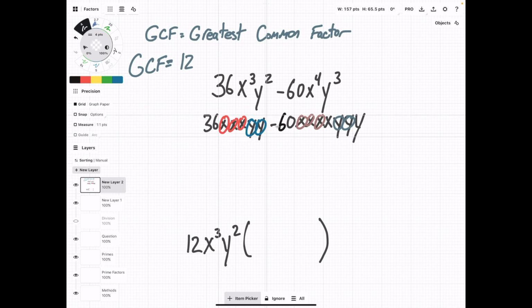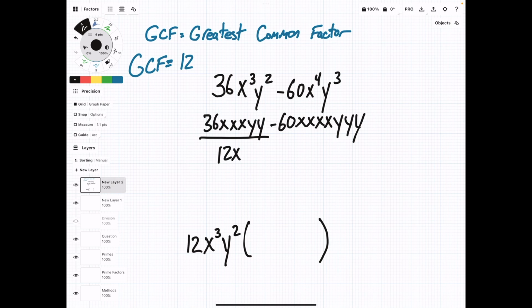So let me get rid of the circles again. This was self-inflicted. Okay, goodbye. Now let's divide this by 12 times x, x, x. And so I'm just rewriting this with all the x's and y's laid out. We'll do the same thing over here, just because it is very satisfying to cancel out values. So now let's see what we get.